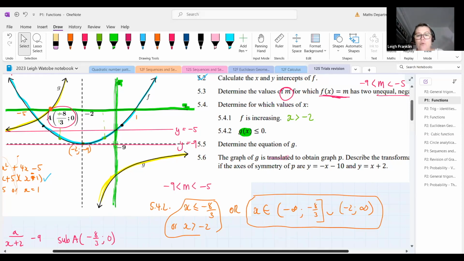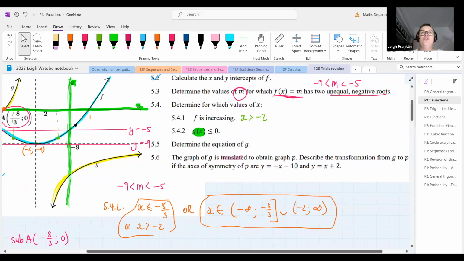Now how would you work out the x coordinate of that new point of intersection? How would you solve for that? Your axes of symmetry always go through the point of intersection of your asymptotes.